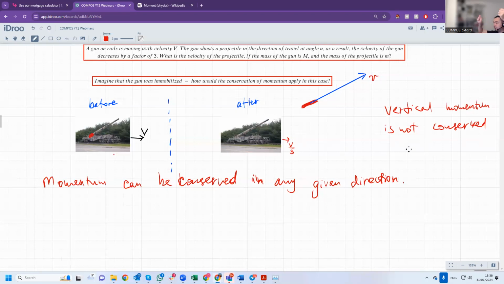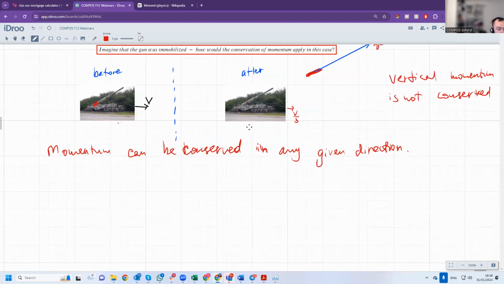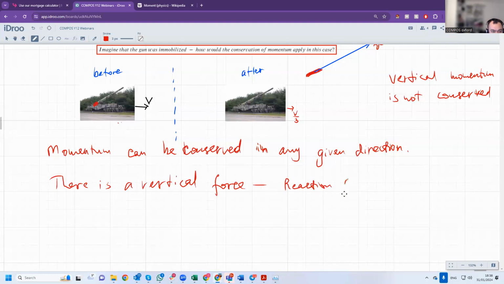So when the gun shoots, the reaction force from the ground increases, and that causes the system to change momentum. But horizontally, there are no external forces. So horizontally, momentum is conserved. There is a vertical force, the reaction from the ground.